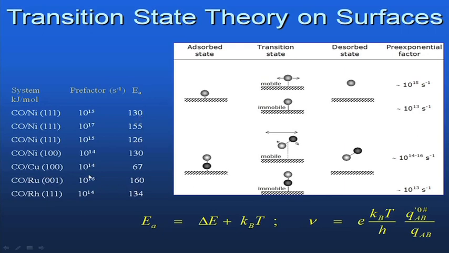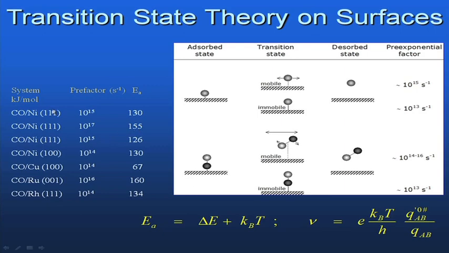So, in the first case, you see that when carbon monoxide is adsorbed onto the nickel 111 crystal plane, it has a pre-exponential prefactor of 10 to the power 15, which is high, and the energy of activation is 130. For another nickel 111 system, it is 10 to the power 17 and 155.